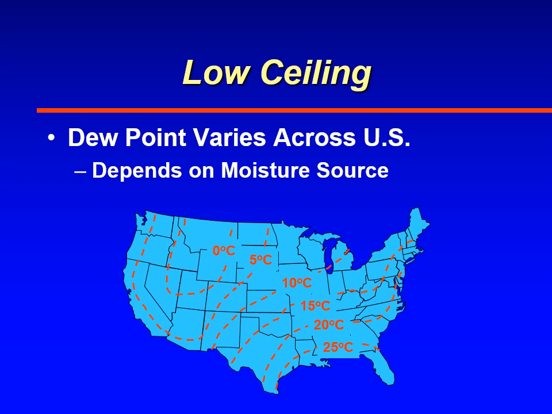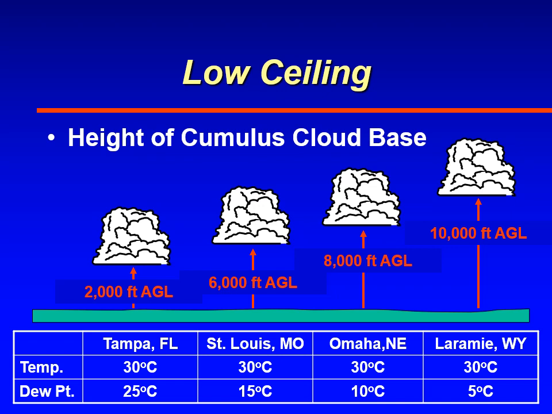lower cloud bases. You remember from our discussion of the temperature dew point spread and how you can calculate cumulus cloud bases. Here's an example, just looking at average temperatures from Tampa all the way up to Laramie, Wyoming in the summertime.